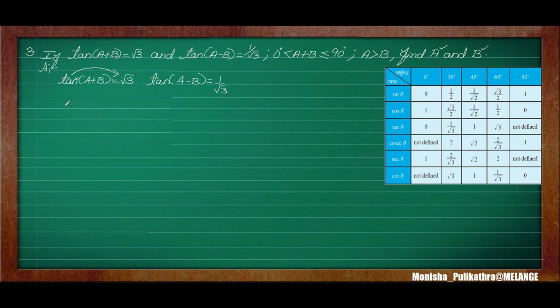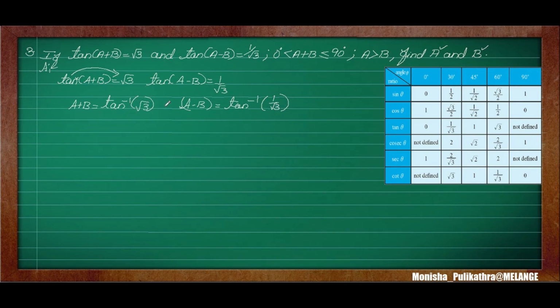So a plus b is equal to, taking tan to this side, tan inverse of root 3. In the same way, a minus b is equal to tan inverse of 1 by root 3. Here we need to find out what is the angle whose tan is root 3.